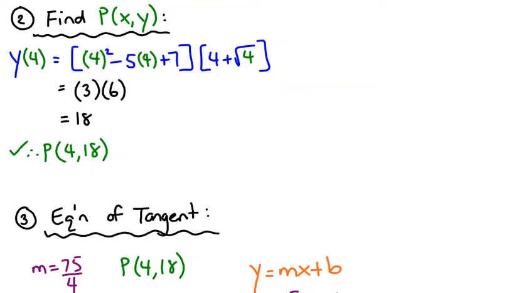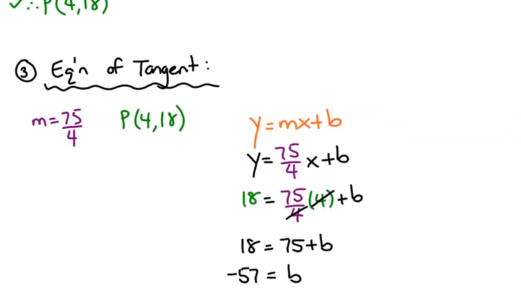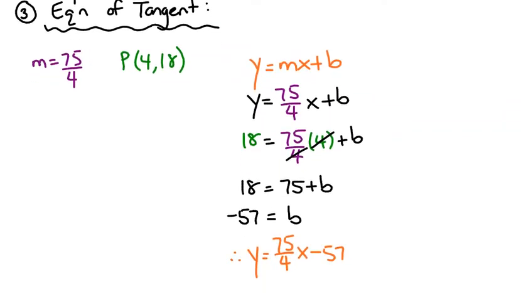Now that I have my point and my slope, I just put it into y equals mx plus b to find the equation of the tangent. So you guys know how to do all that. And it's not that tricky. The only thing is it's the exact same types of questions that you've seen. We're just now doing the short form using the product rule.